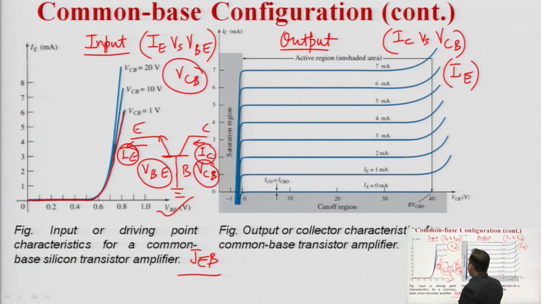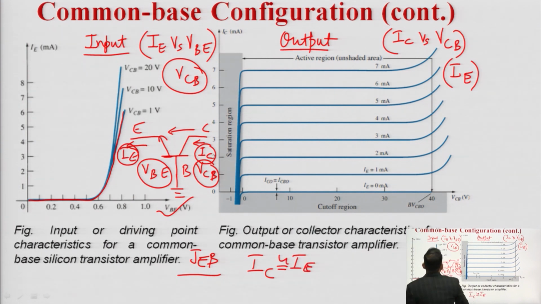But if we are increasing VCB, then what will happen? As we increase this particular voltage, the current IC increases, and since IC is nearly equal to IE, as we have already seen, if IC increases, the emitter current increases.